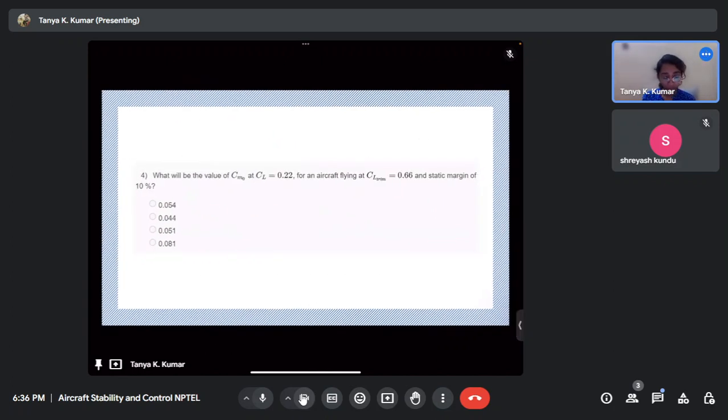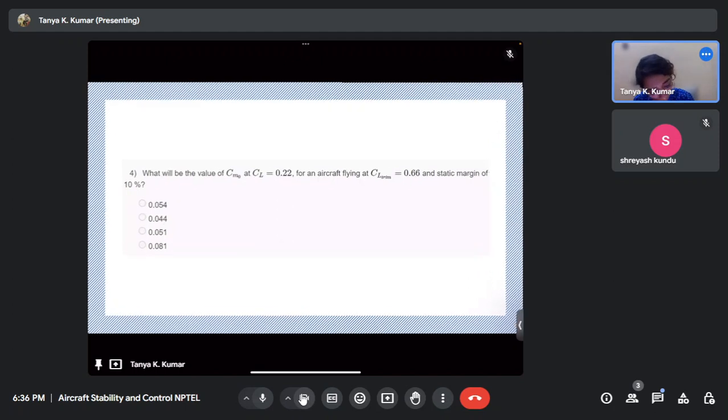What will be the value of Cm naught if CL? Okay, so there's a mistake here. This should be CL naught. What will be the value of Cm naught at CL naught equals 0.22 for an aircraft flying at CL trim 0.66 and static margin of 10%? Just read this question carefully. It is slightly tricky, but just try doing it.